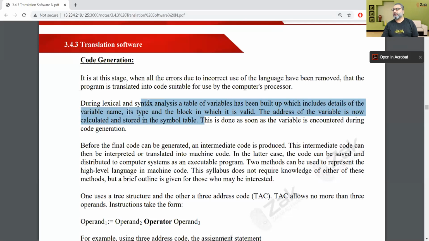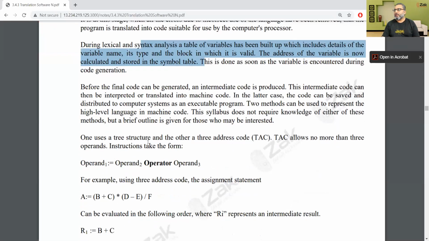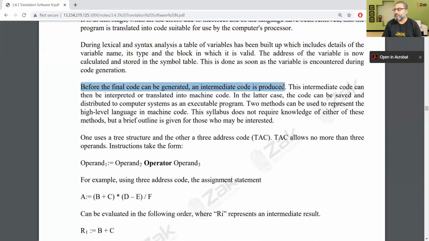All right. So now, before the final code is generated, an intermediate code is produced. This intermediate code can then be interpreted or translated into the machine code. In the latter case, the code can be saved and distributed to computer systems as an executable program, the machine code.